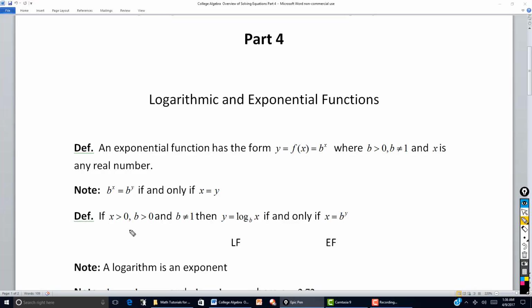The next one is the definition of a log. Now, the exponential function is studied together with the log function, because these two functions are related. They're actually inverse functions of each other.